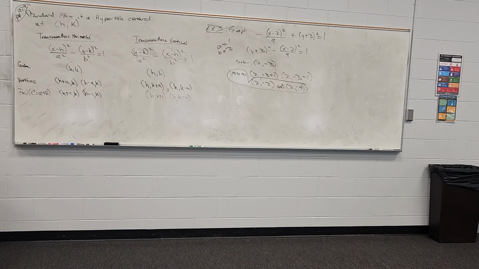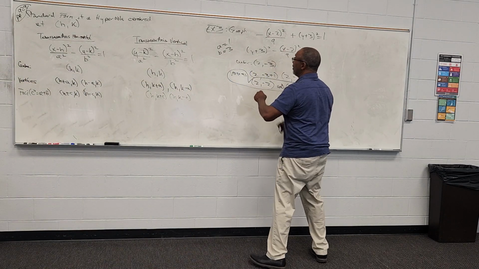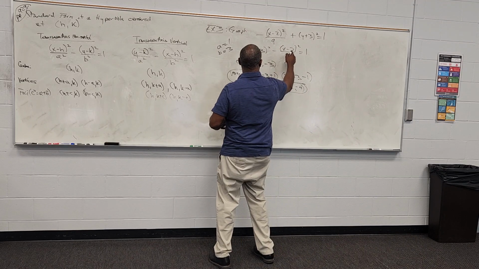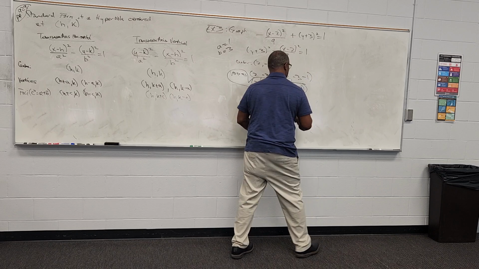Okay? Well, let's see what we have so far. And again, I've got y squared minus x squared, so that means the transverse axis is vertical. Okay?